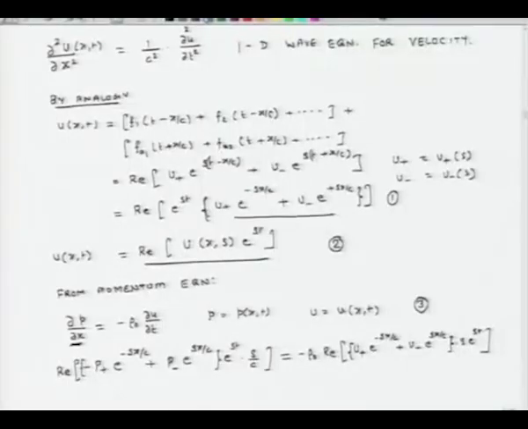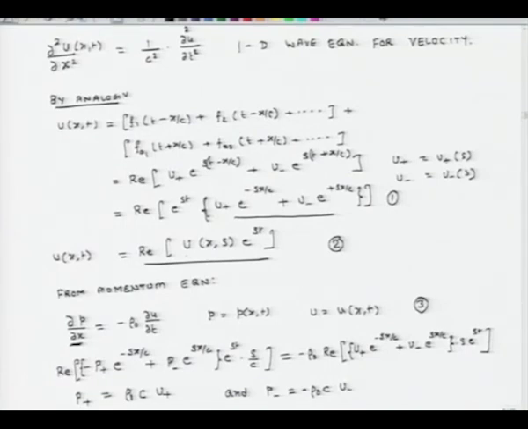From this understanding, we conclude by equating appropriate terms from left side to right side that P plus is equal to rho naught C u plus and P minus equals rho naught C u minus, but there is a negative sign before that.